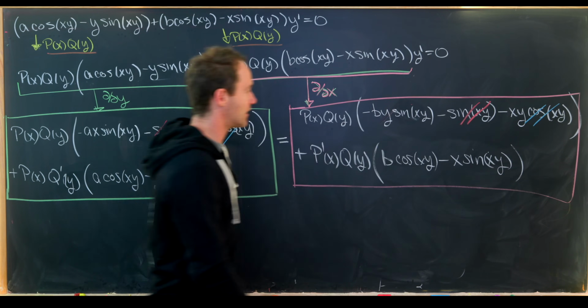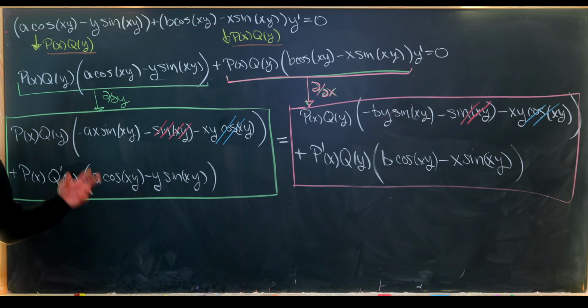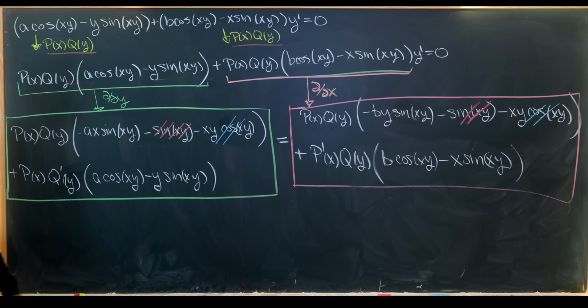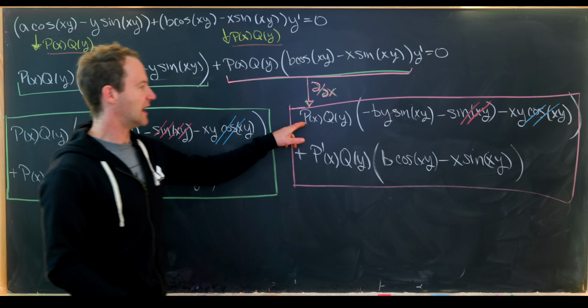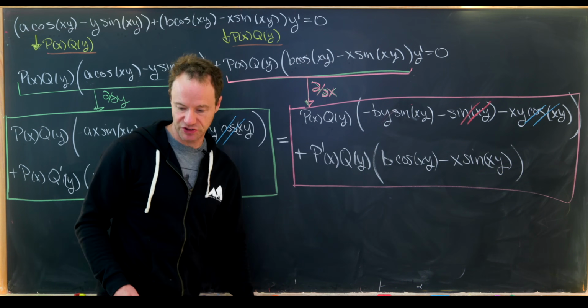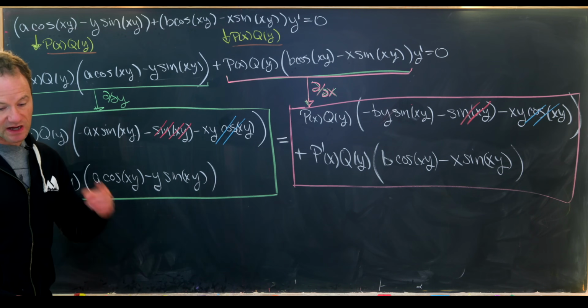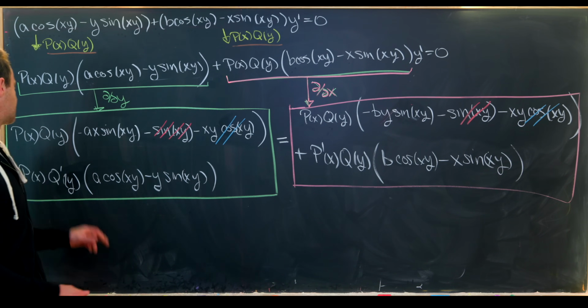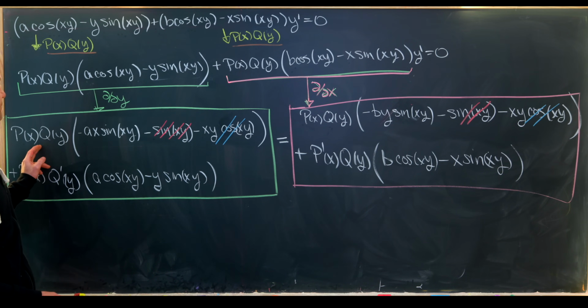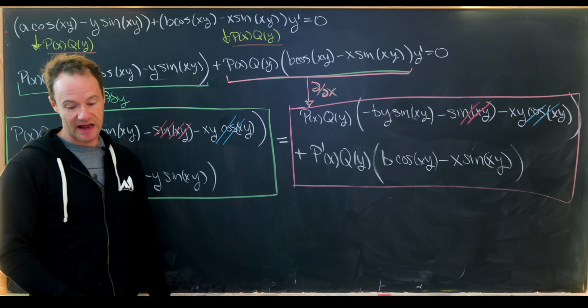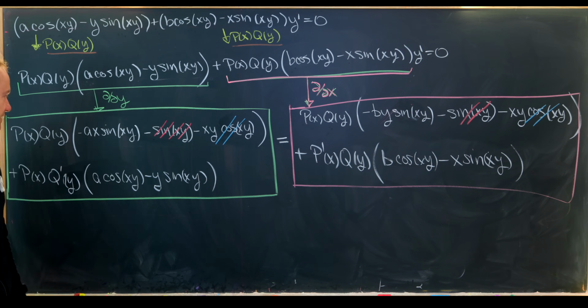And after we've done all of that, we don't have any like terms to cancel. That being said, we have some things that look kind of similar, and that is this p times q times a function and this p times q times a function as well. So the logical thing to do here is to move everything with a p times q to one side of the equation and everything else to the other side of the equation.